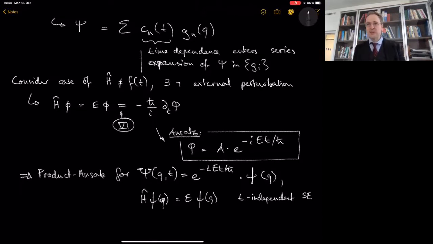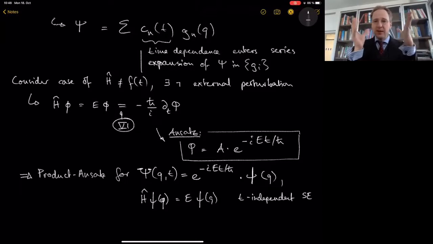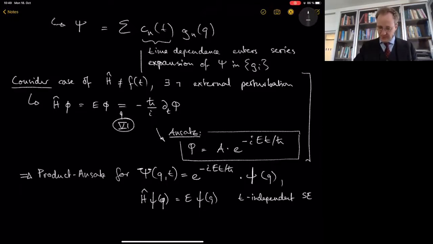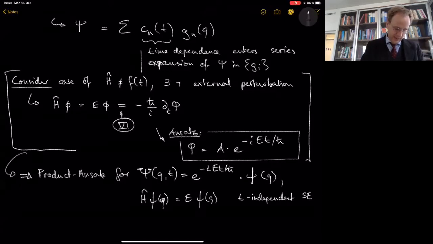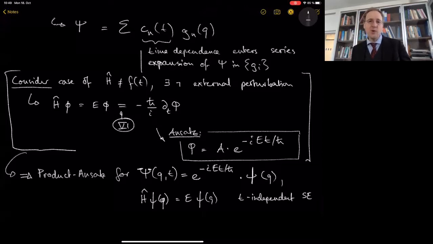Okay, so this is basically a product ansatz where you say my total wave function, and we arrive at this product ansatz by considering this time independent Hamiltonian. And this product ansatz now nicely separates your total function into the product of two terms.